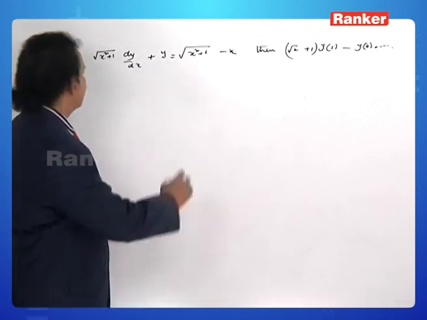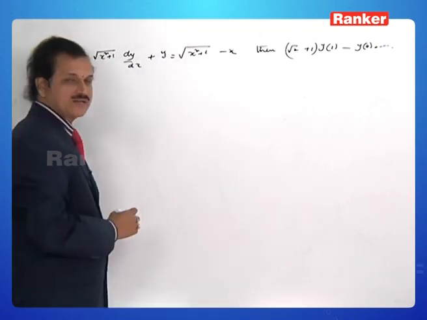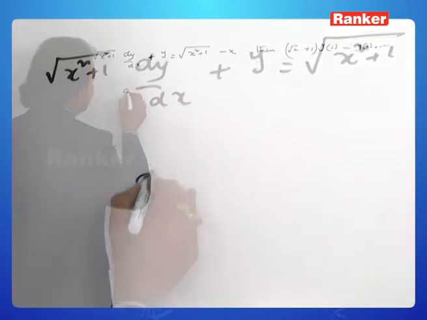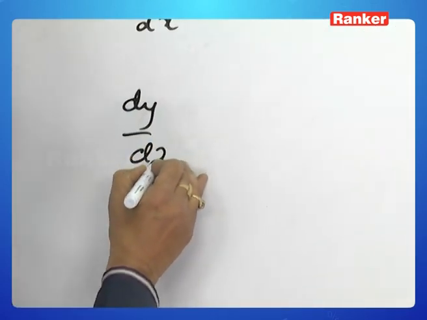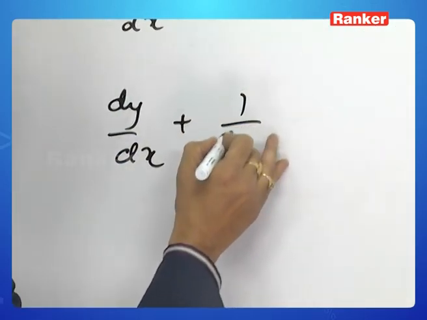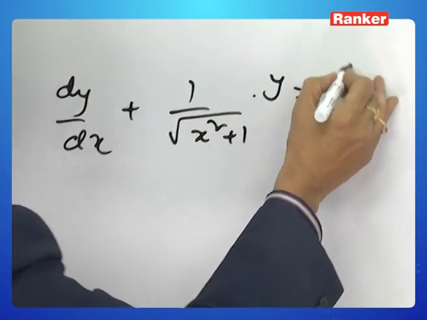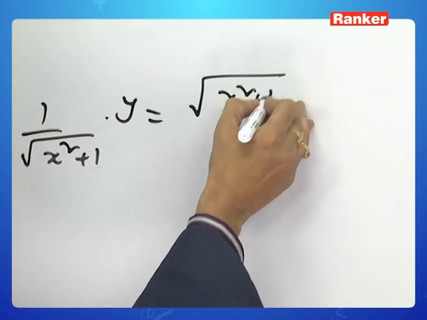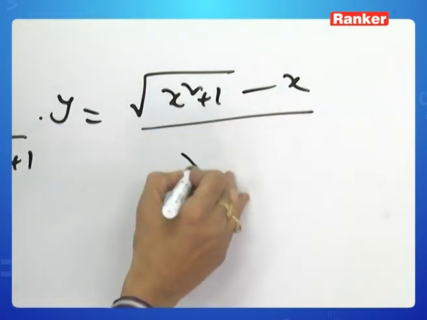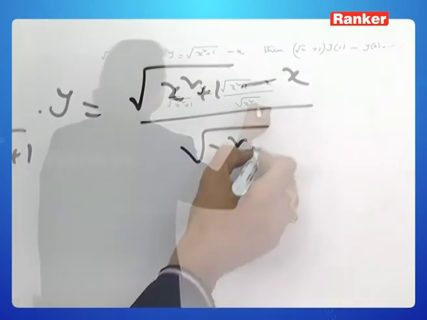Why? Because you divide the entire equation by √(x²+1). What happens? dy/dx plus 1/√(x²+1) into y is equal to (√(x²+1) minus x)/√(x²+1).